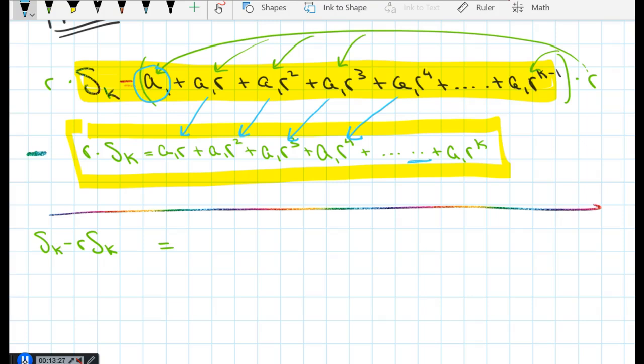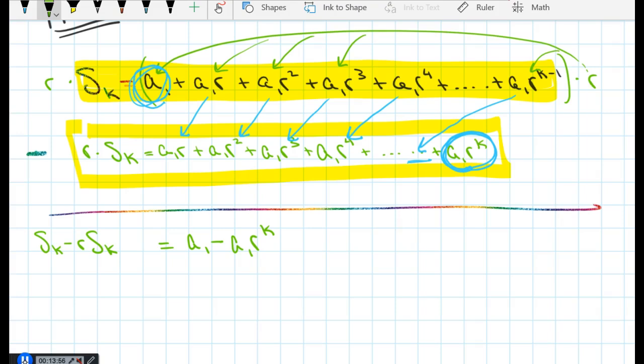When I subtract, everything zeroes out except this guy is left hanging and this guy is left hanging, when I subtract the two equations. So on the right-hand side, I am left with just a sub 1 minus a sub 1 times r to the k.